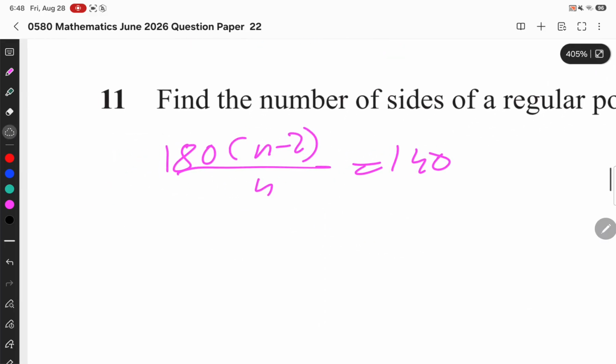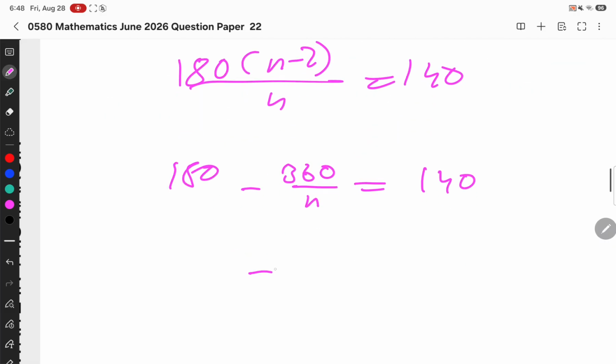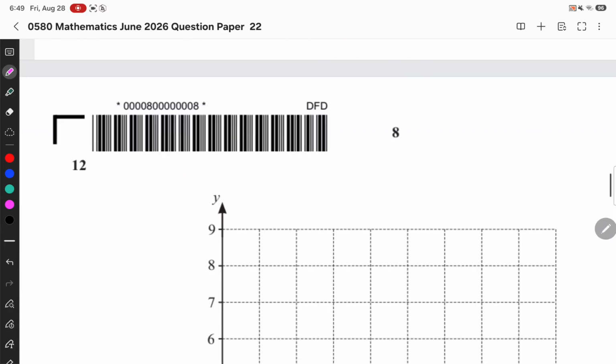We can have this 180 minus 360 over n is equal to 140. This is negative 360 over n is equal to negative 40. Hence, n is equal to negative 360 over negative 40, which gives us 9. So our answer is 9.